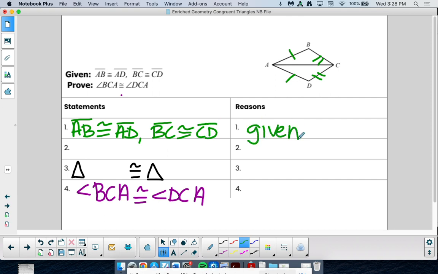So we have two sides the same. Can we find anything else out? Do we have anything else that we know that we can mark by just looking at our picture? Well, I see that both triangles have AC and then that middle line. So we could say that AC is congruent to AC by the reflexive property.